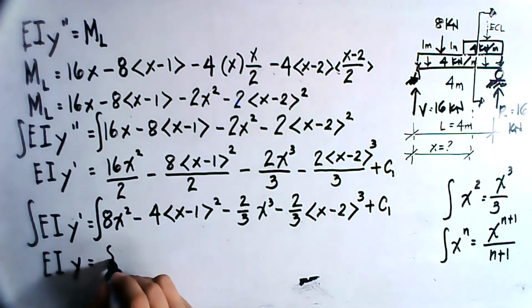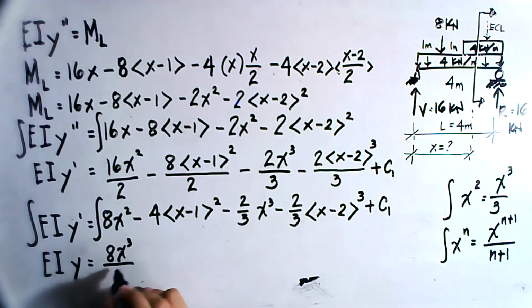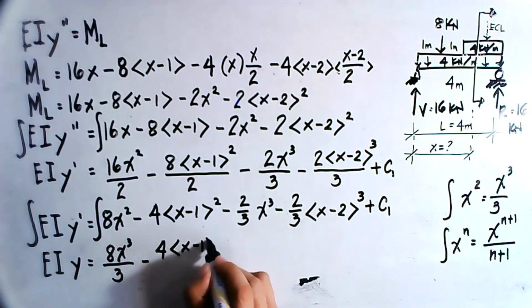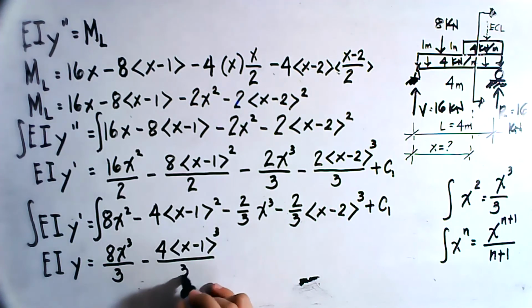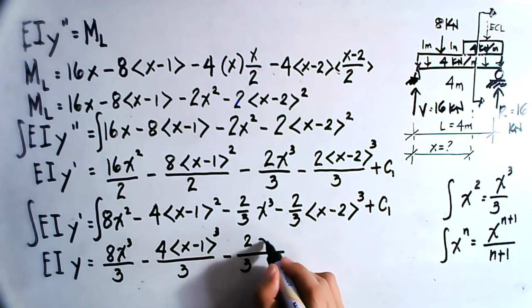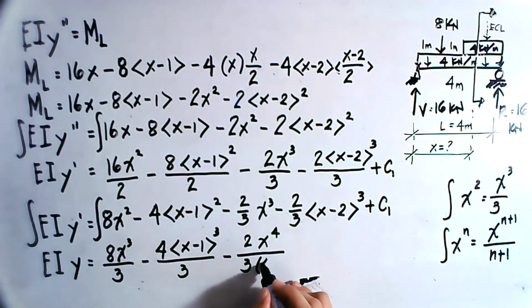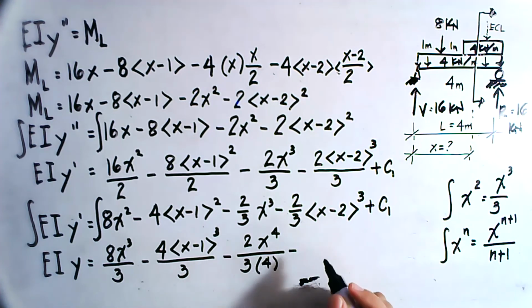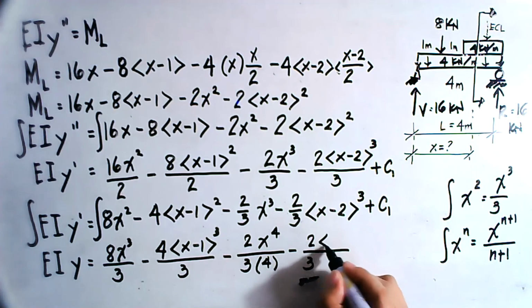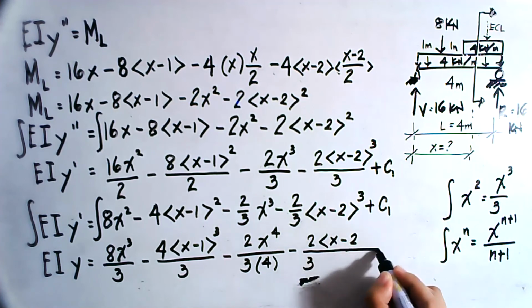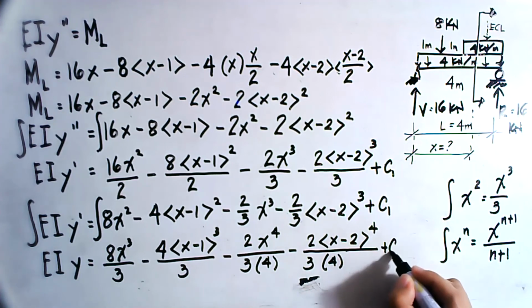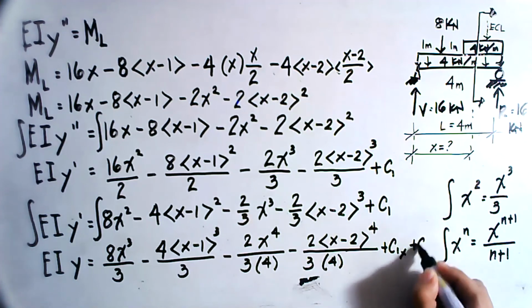This will be equivalent to 8x cubed over 3 minus 4 times x minus 1 cubed over 3 minus 2 third x to the fourth power all over 4 minus 2 over 3 times the quantity x minus 2 raised to the fourth power all over 4 plus c sub 1 x plus c sub 2.